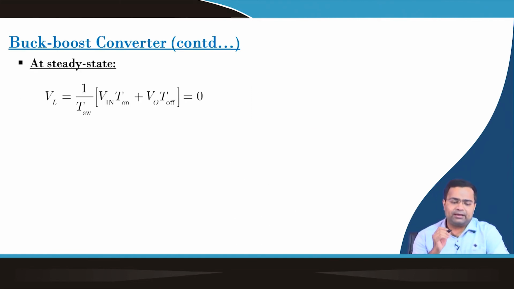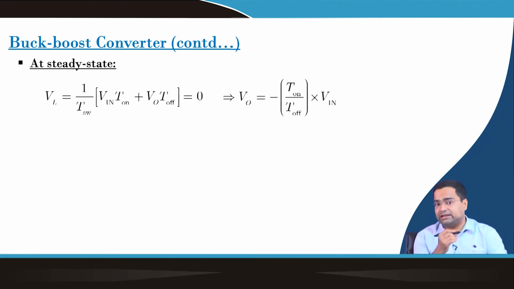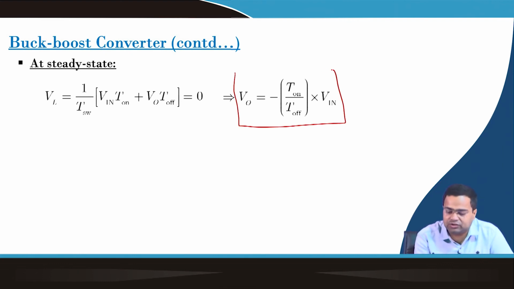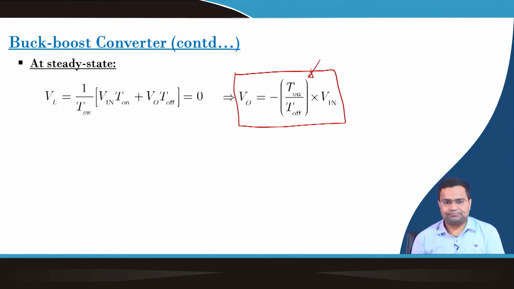Then if we carry out the volt second balance that we did earlier, we find the output voltage is the negative of the input voltage with a gain which depends on the on and off time.